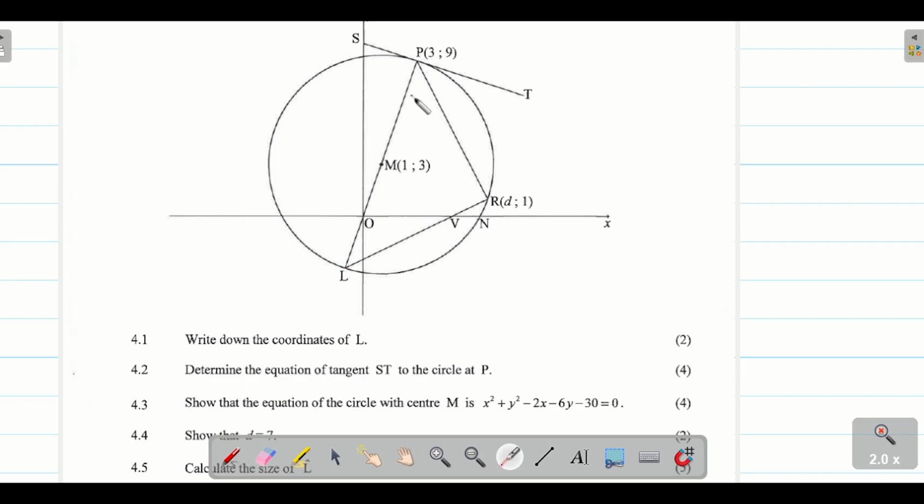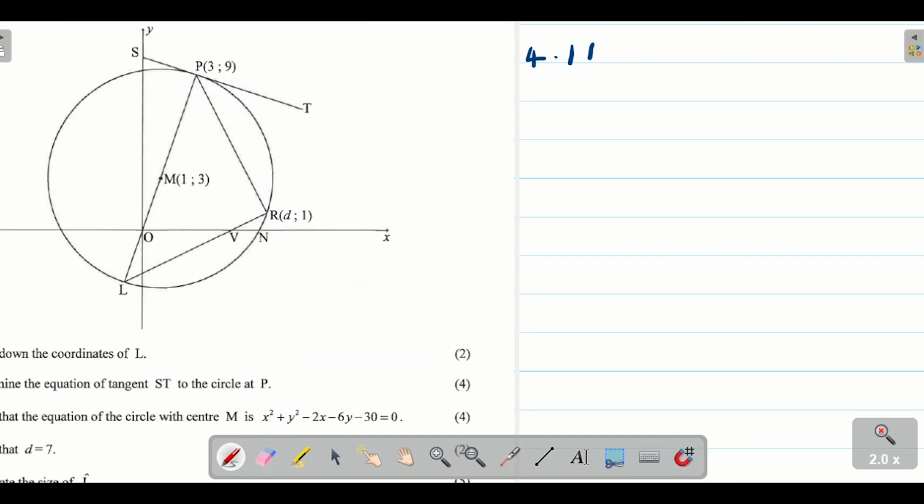If you look at line PL, you've already been given the midpoint, so you can use the midpoint to find the coordinates of L. If we were looking for the midpoint, we would simply take the x value of L and the x value of P, add them together and divide by 2.